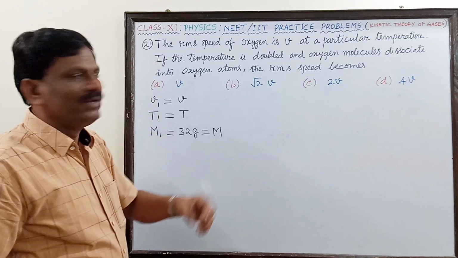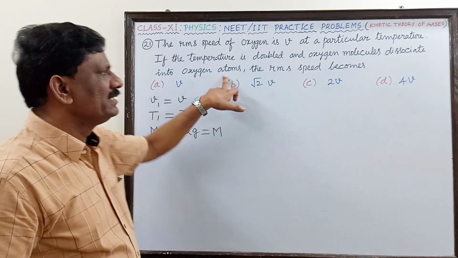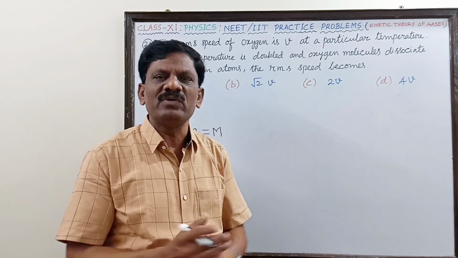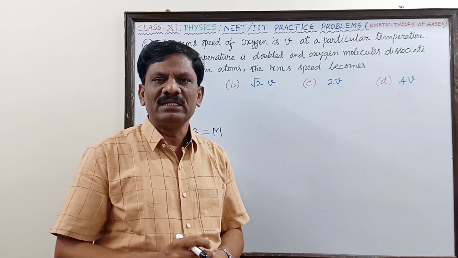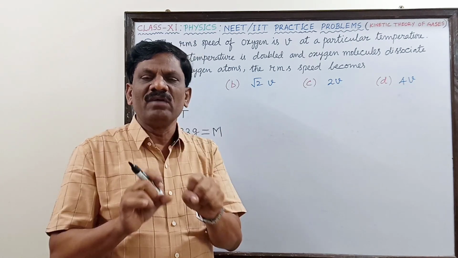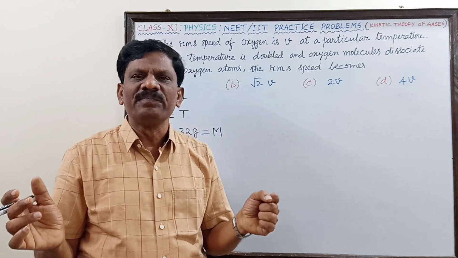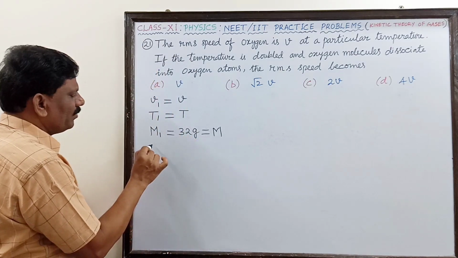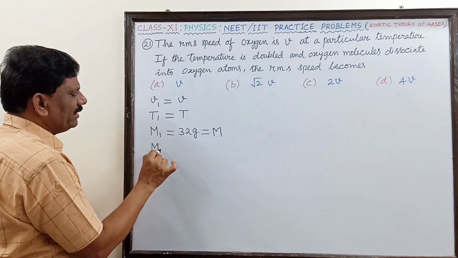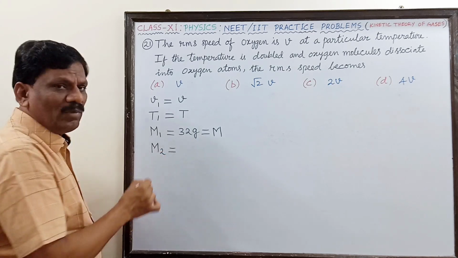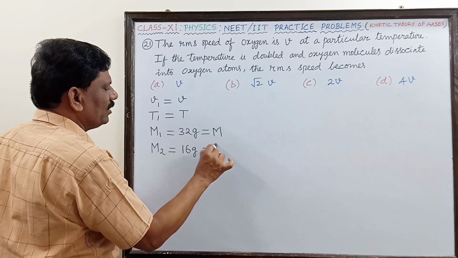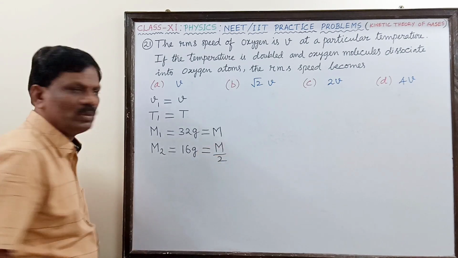Now after heating, what is happening, children? The oxygen is dissociated. Molecule dissociates into atom. That means the diatomic molecule of oxygen is split up into individual monatomic atoms. So the molar mass M2 will become only 16 gram, that is equal to M divided by 2.